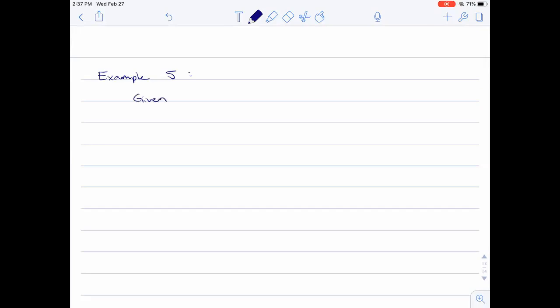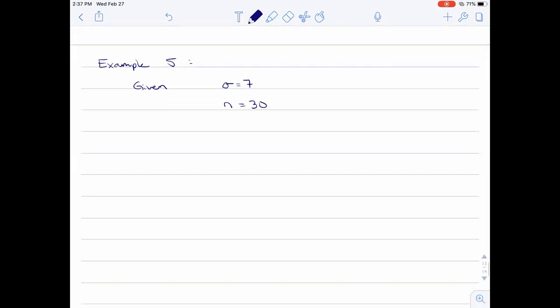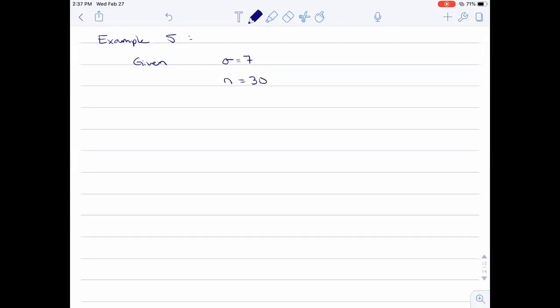We're given some information from before. We're given that sigma is 7, n is 30, our sample size is 30, and our sample mean was 21.5.